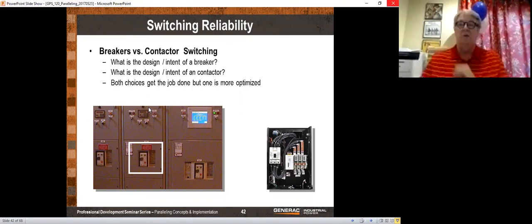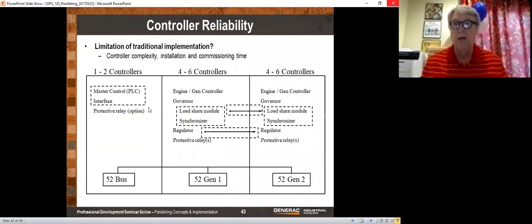Now, when you get into really big generators, you simply can't get those contactors, so we go to a circuit breaker because there's not much choice. This is typical of parallel switchgear. There's a master controller. There are other controllers on the line, and 4 to 6 controllers in each section for generator 1, 4 to 6 controllers in each section for generator 2.